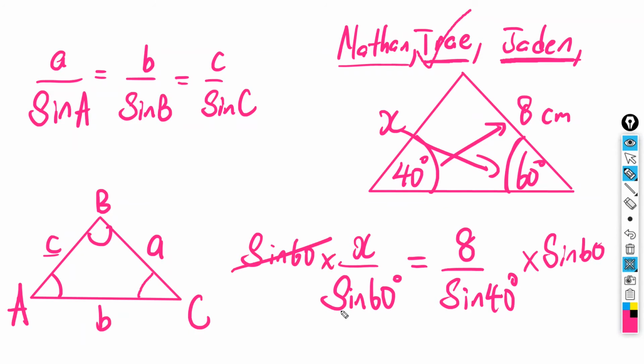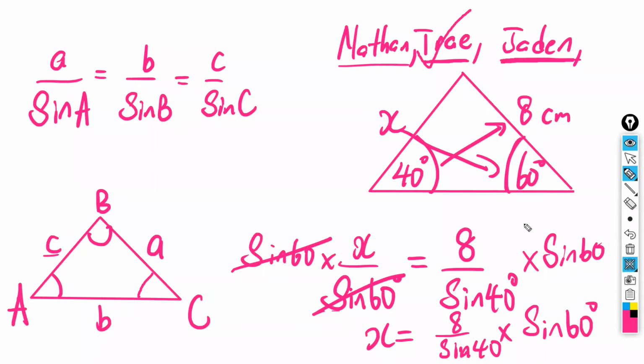Then this sine 60 is going to cancel that one, and I'm going to get X is equal to 8 over sine 40 times sine 60, and then I would be able to find that side. Cool. And that's all the sine rule is. It's not rocket science, guys. It really is just finding the other side with the angles.